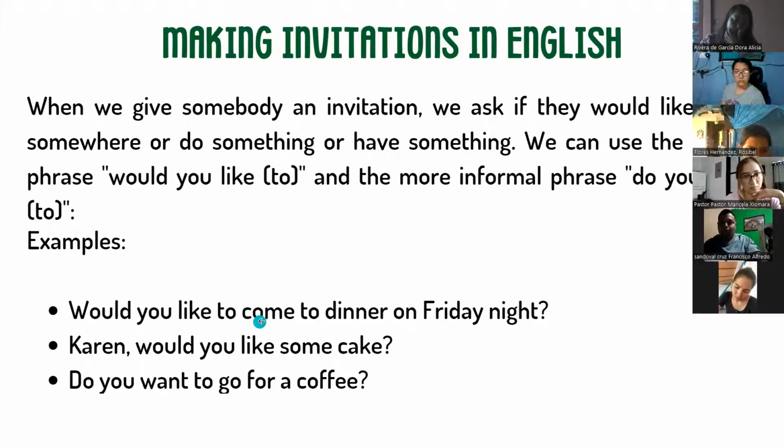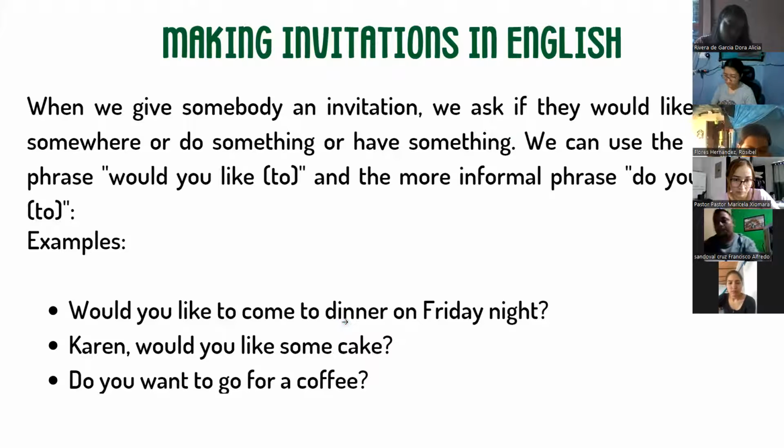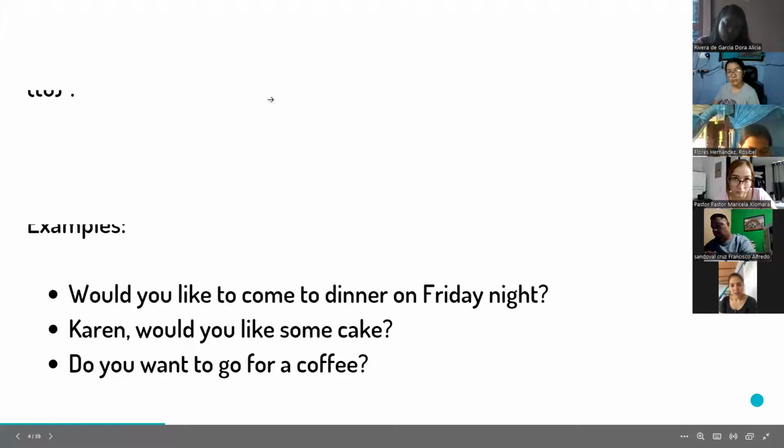And remember, aquí en el would you like to, el verbo después de esa preposition, after to, siempre va en base form, ¿ok? Would you like to come to the movies? Would you like to go to the beach? Would you like to go for a coffee? That is con la expresión would you like to or do you like to. Eso es para hacer invitation.